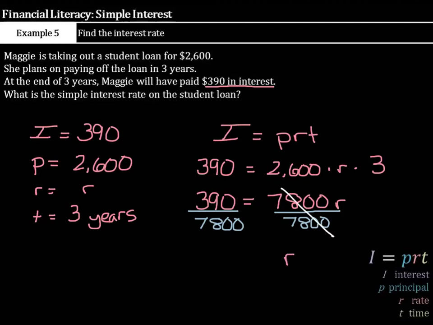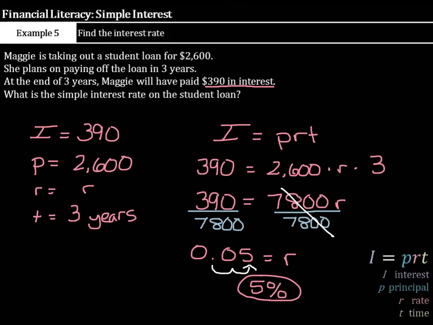We're left with R equals on the right side, and 390 divided by 7,800 gets us 0.05. Now, that is our interest rate. To finish the question, though, let's get this back to a percent. Move this decimal place over twice to the right, and we end up with 5%.